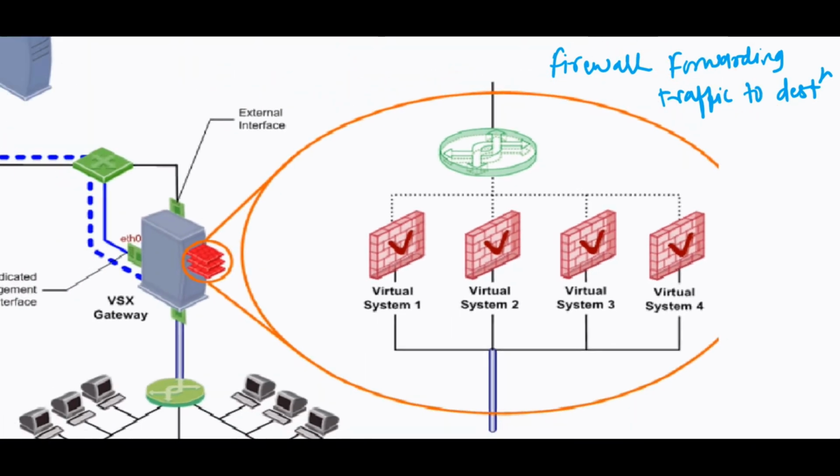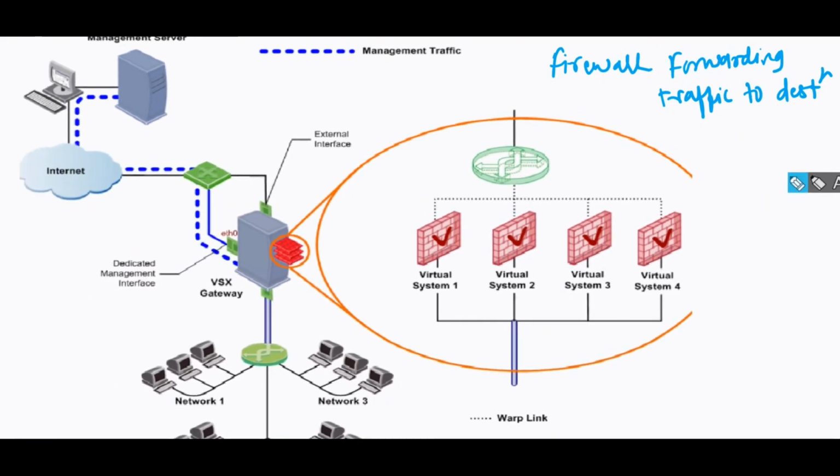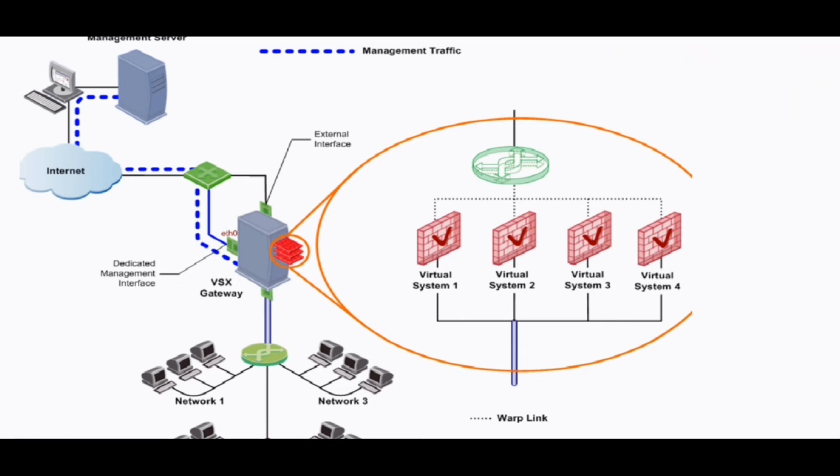What does that mean? Consider virtual system 1 is managing, say, network 3. Whenever a packet comes from the outside world to the VSX gateway, to the virtual router, to virtual system 1, this virtual system 1, based on the NAT, routing, or whatever configuration we have here, will forward it to the destination.